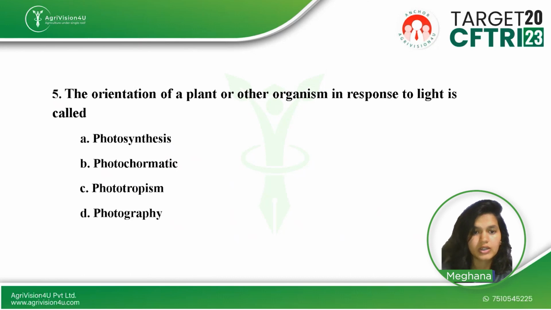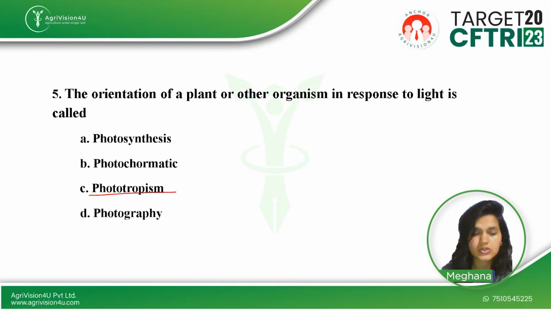Then comes the fifth one. The orientation of the plant or other organism in response to light is called: the first option is photosynthesis, the second option is photochromatic, the third option is phototropism, and the fourth option is photography. Here the right option is phototropism, where the orientation of the plant responds to the light.